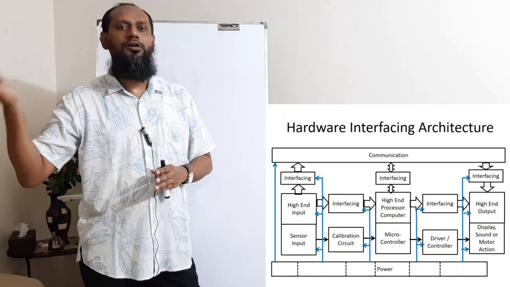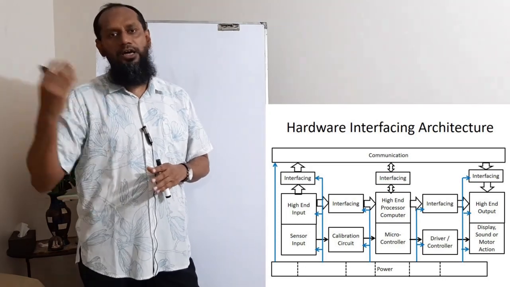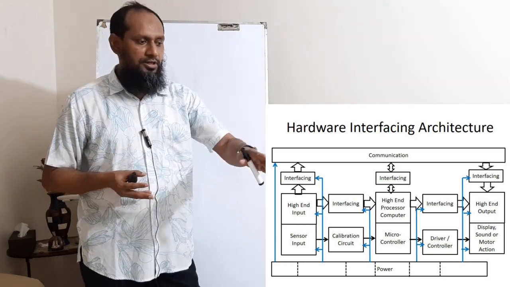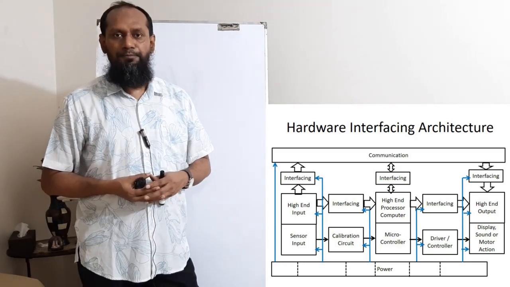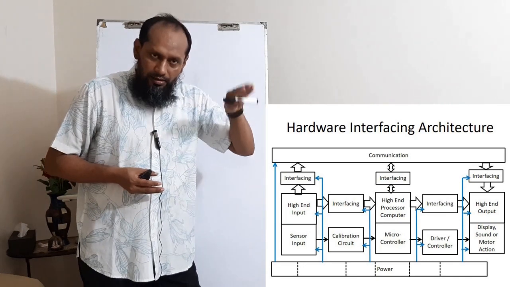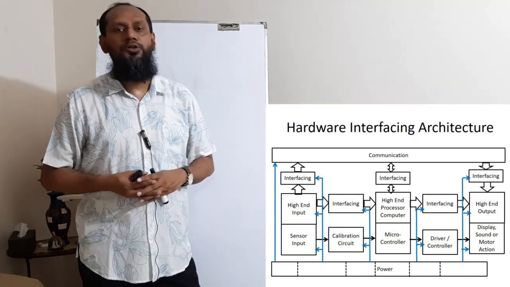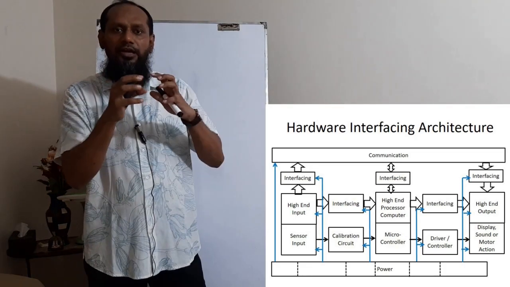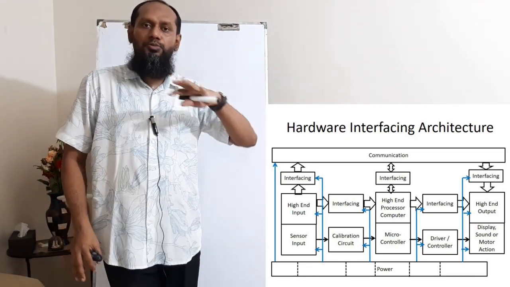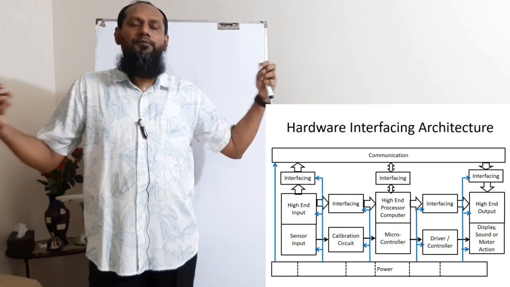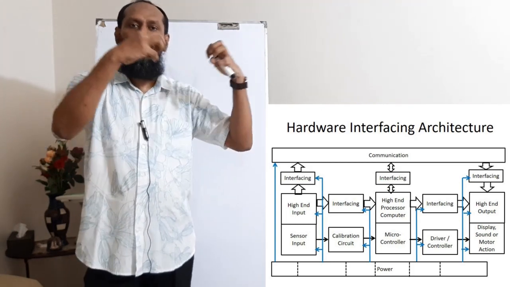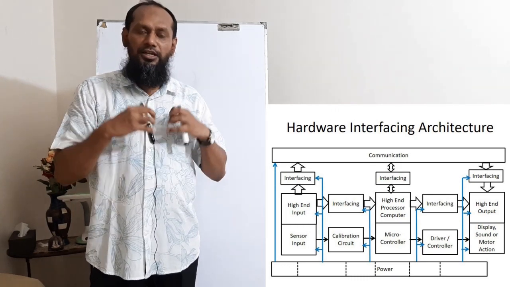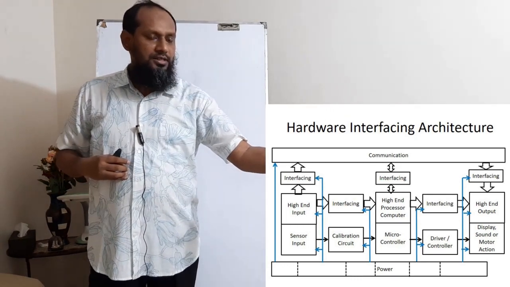In the same way, for giving output to the screen or the speaker, we also need some interfacing device. At the bottom, it says sensor input or sensor network. That means we can also have different kinds of sensor input, because this world is changing. Everything will be connected with the computing system, everything will generate some information, and that information will come through the sensor.